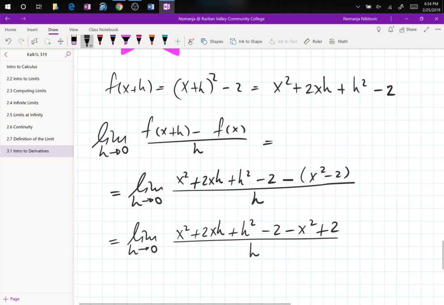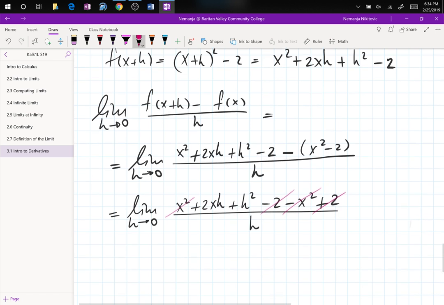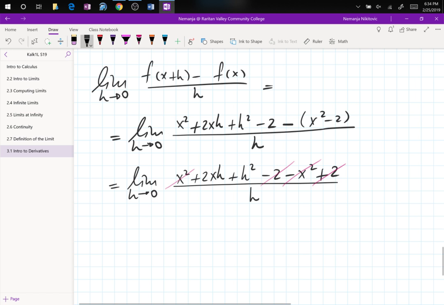This is your checkpoint, because all terms without h have to cancel. You can't just remove them. They have to cancel. If something is not lining up, it's wrong. So that's why it's called a checkpoint. All of the terms after cancellation that survived have h in them.